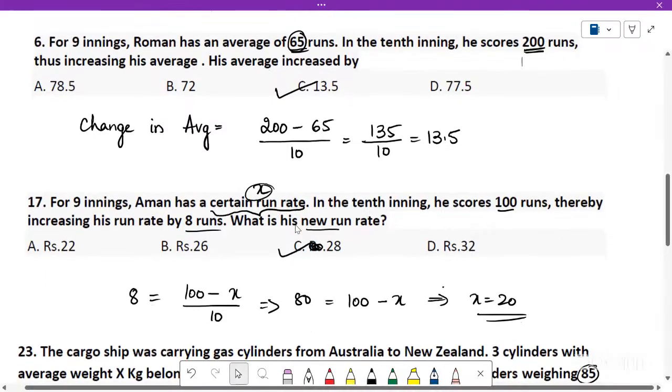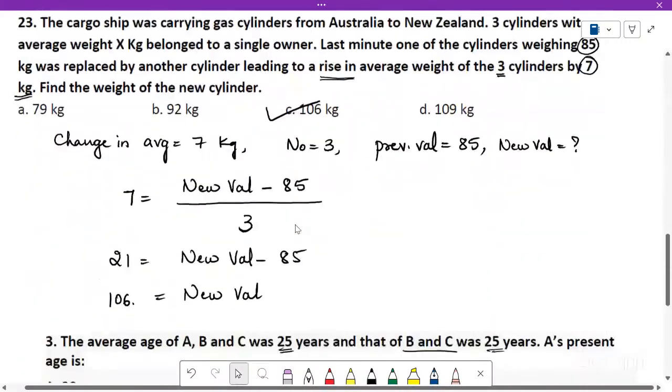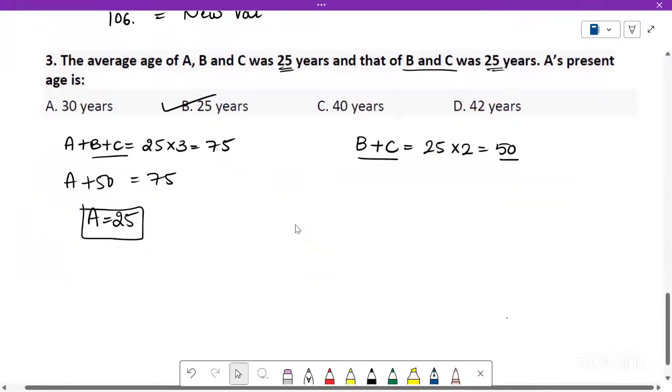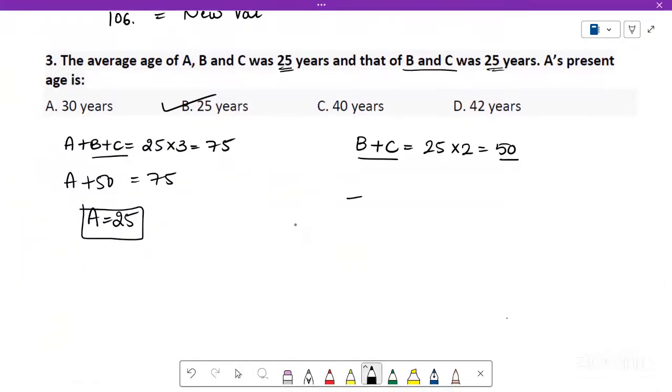If the value we add is less than the previous average, the average decreases; if it is greater than the previous average, the average increases. When you have some values with average 25, and after adding another value the average is still 25, the value you have added is the same as the previous average. Only then there won't be any change in the average.